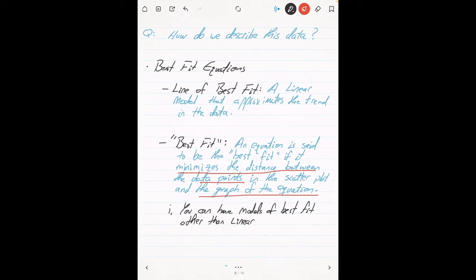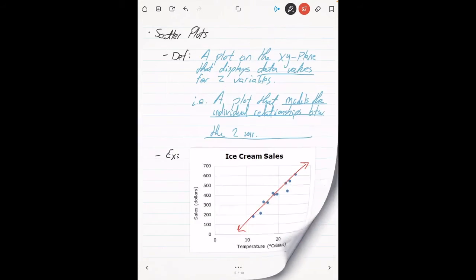What it's trying to do is minimize the distance between all of the data points that you have and the line you're trying to draw to approximate them. So if we look at this graph right here, we can see that for given points, there's a certain distance between the point and the line. Some of them are really close.